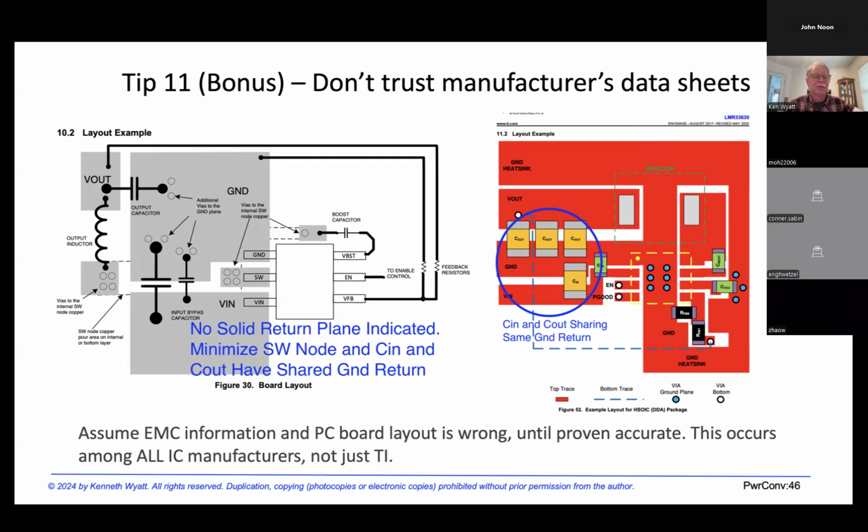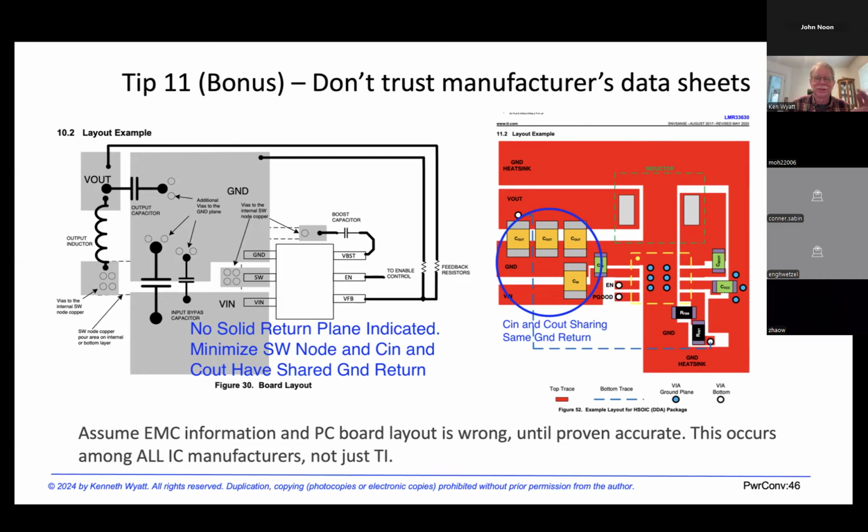In fact, that switch node extends all the way to the inductor, the bottom side of the inductor on the left. And so basically we've got the switch node flowing all over the circuit board, top side and bottom side.